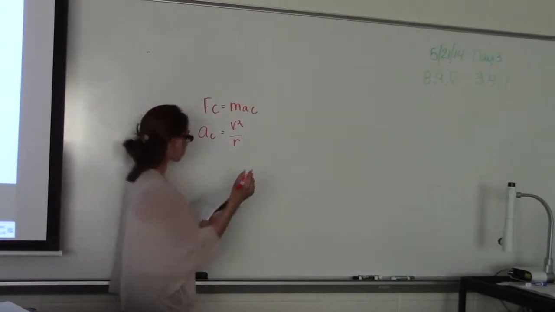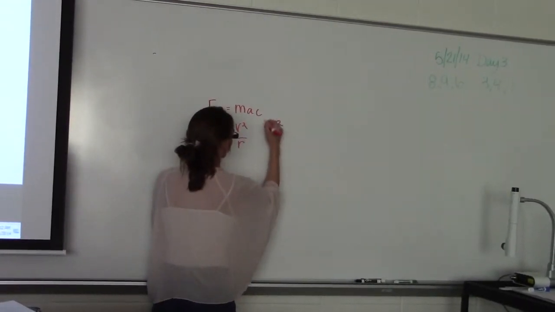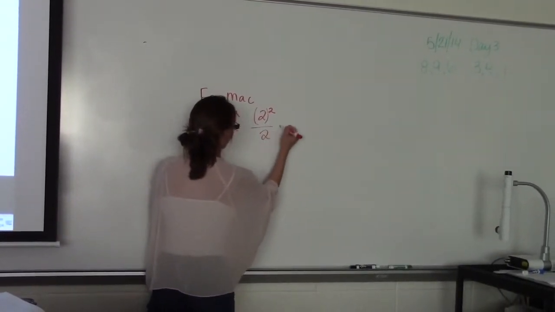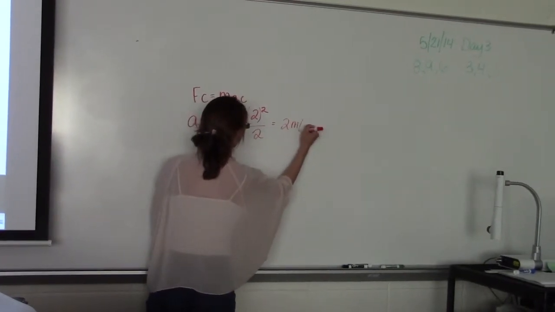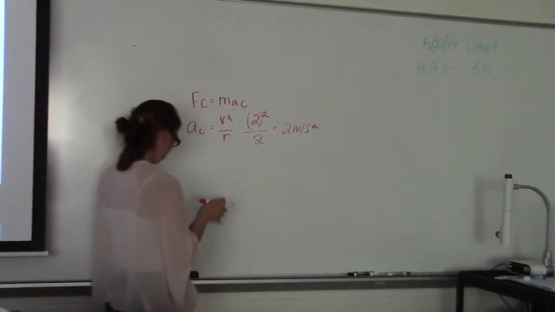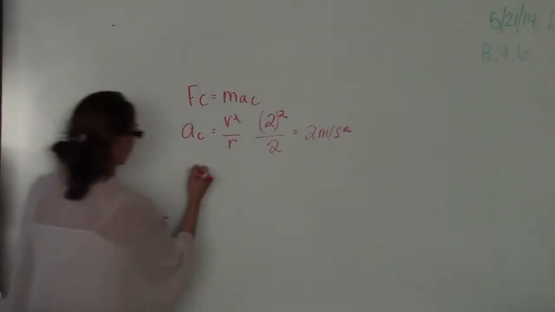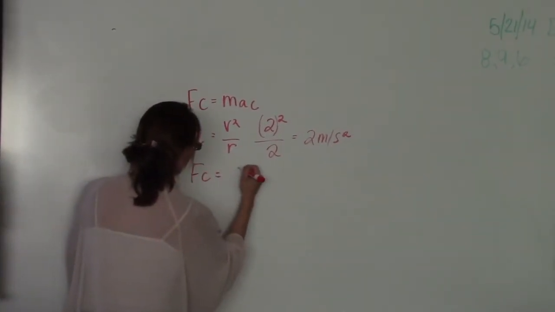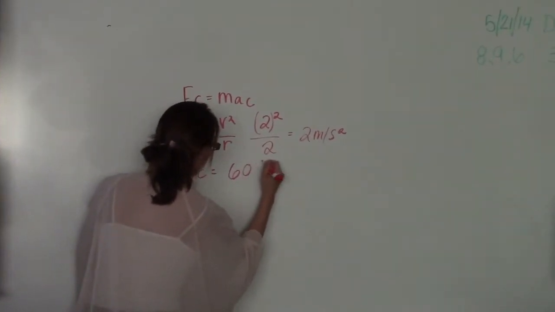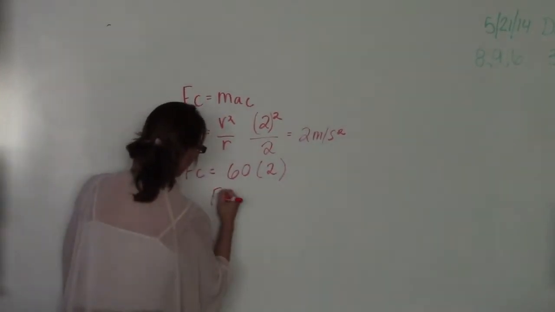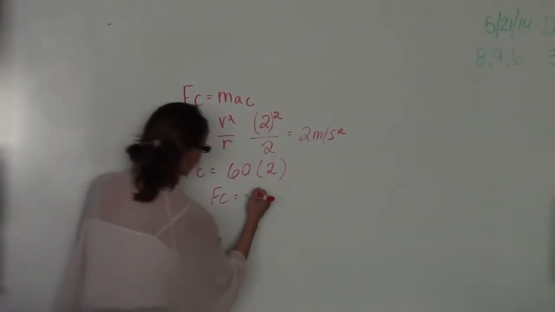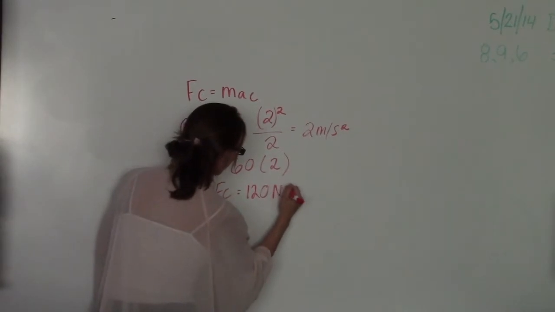So, 2 squared divided by 2 equals 2 meters per second squared. Now you can solve for Fc. So Fc equals 60 times 2. The Fc of the gymnast is 120 newtons.